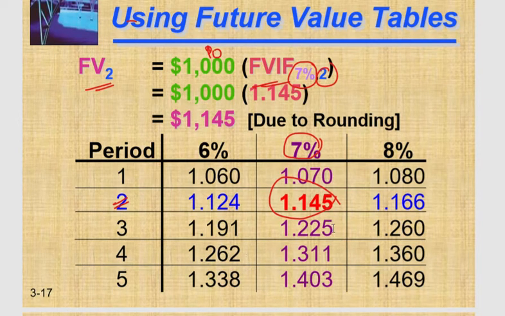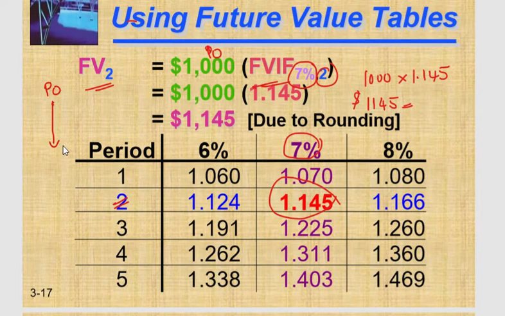The factor is 1.145, then 1000 into 1.145, then it will be $1,145 if you invest in the 0 year.